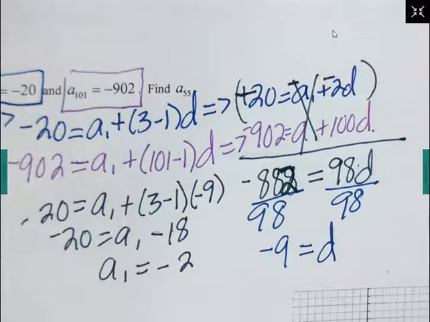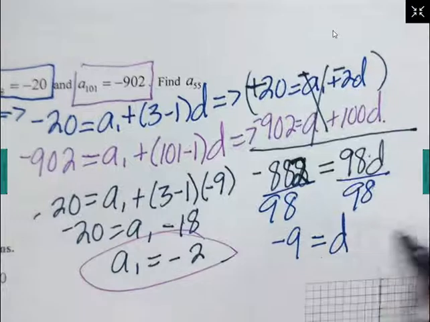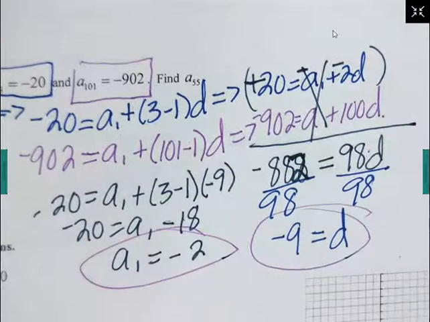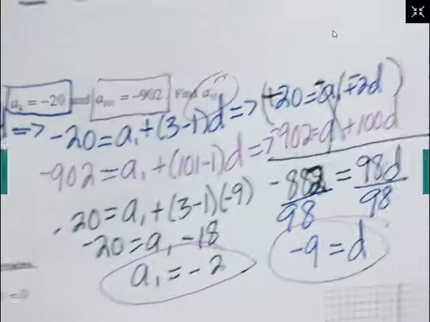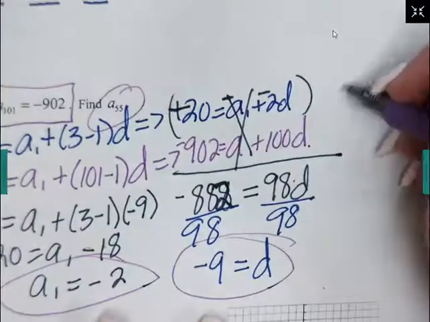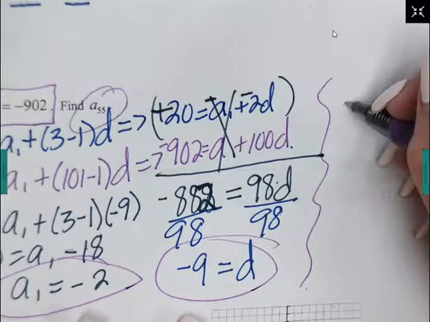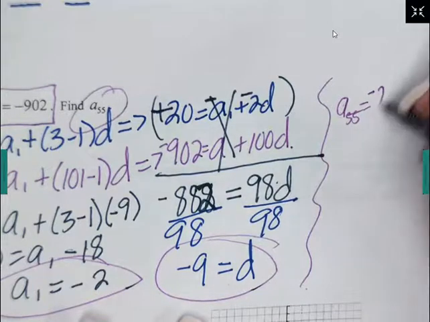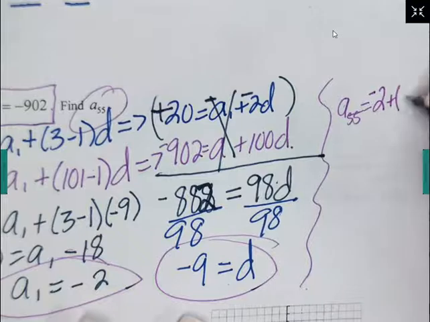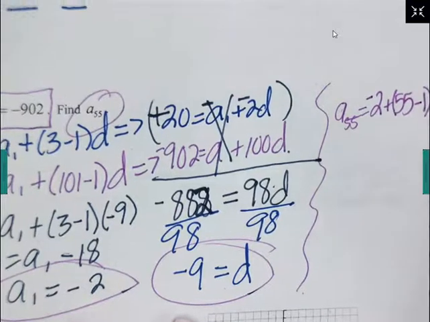Now that we have found a sub 1 and that we have found d, we can plug them both in to find a sub 55, right? So a sub 55 is equal to a sub 1, which is negative 2, plus n, which in this case is 55, minus 1 times our common difference, which is negative 9.